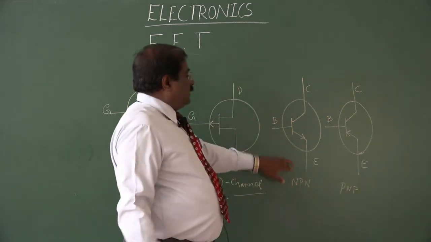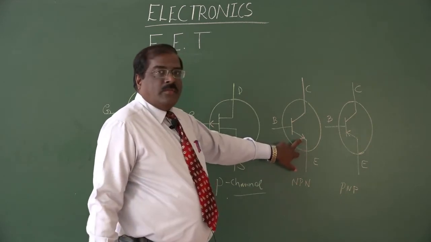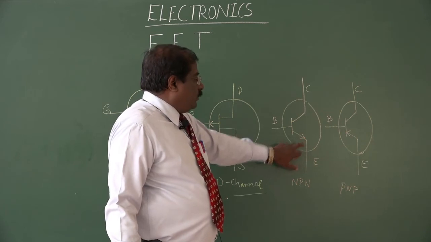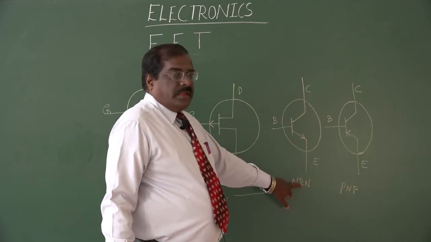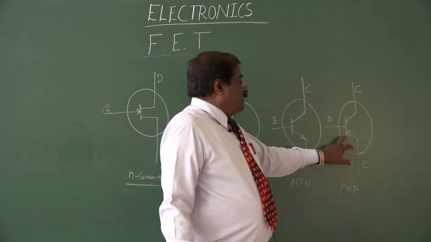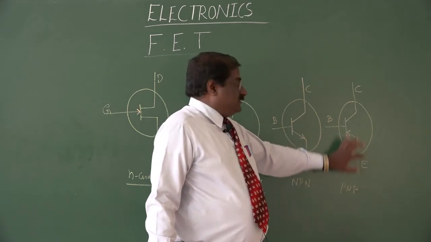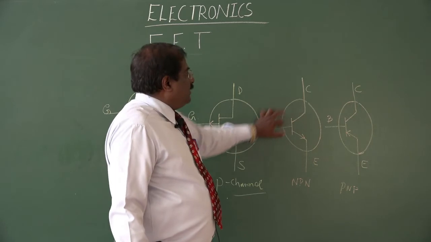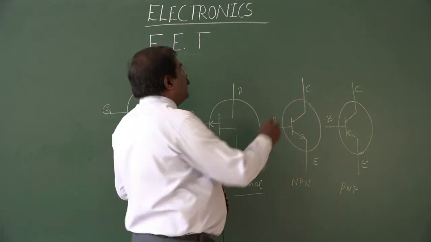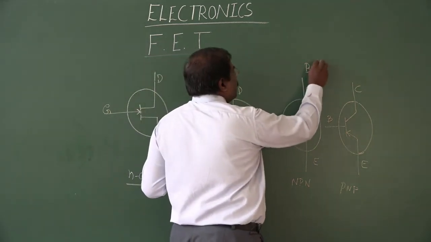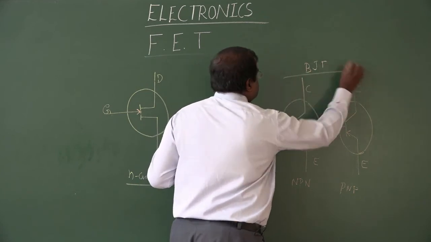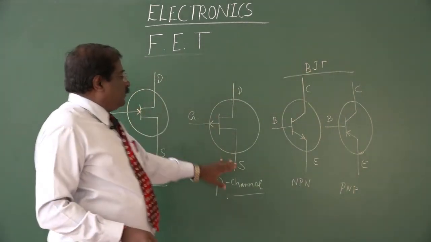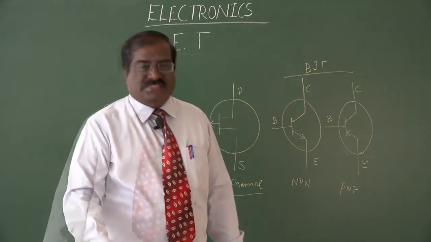So the symbol, listen carefully: the arrow mark represents the emitter, and if it is pointing outward, then it is called NPN. If the arrow mark is pointing inwards, then it is called PNP. This is the BJT. And this is the FET: source, drain, gate, N channel, P channel.